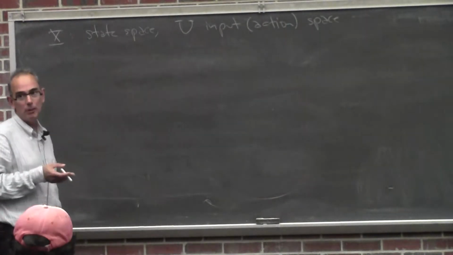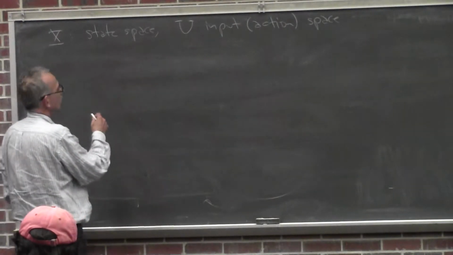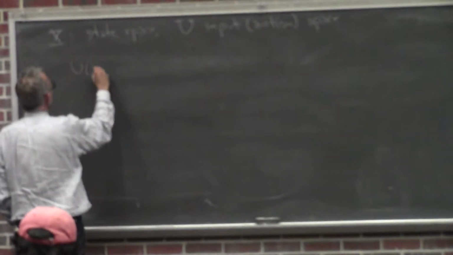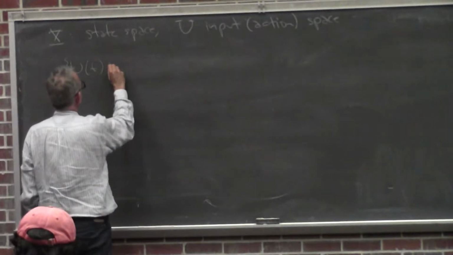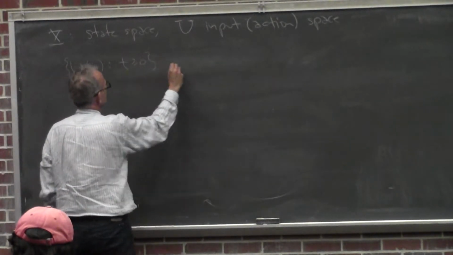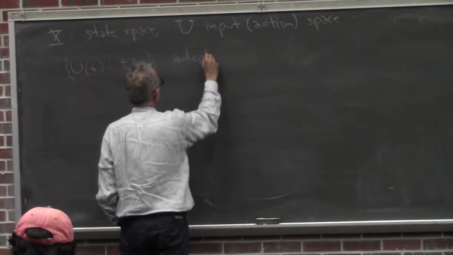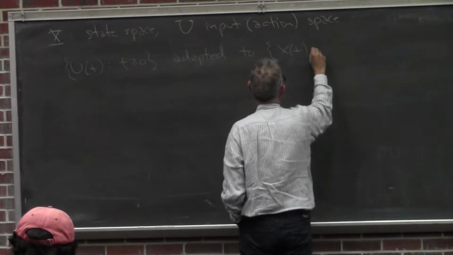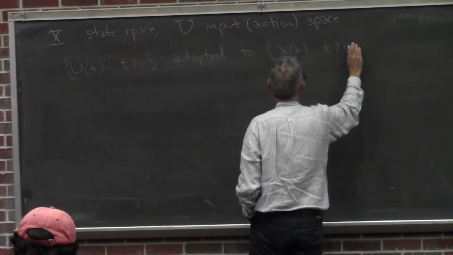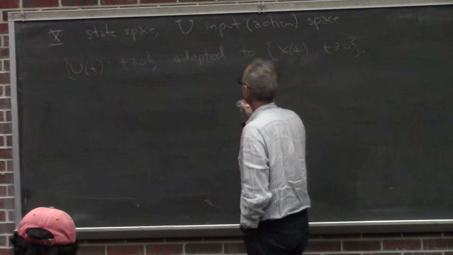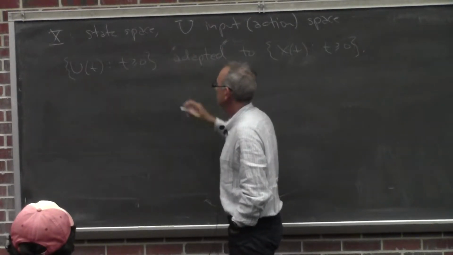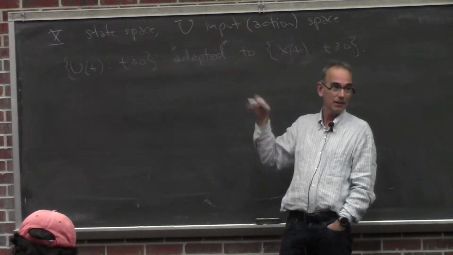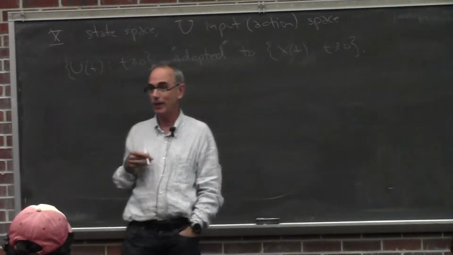We have a control transition matrix, but before I get to that, we have causal inputs, U of t. I already gave you an example of that, where U is a causal function of the X's.